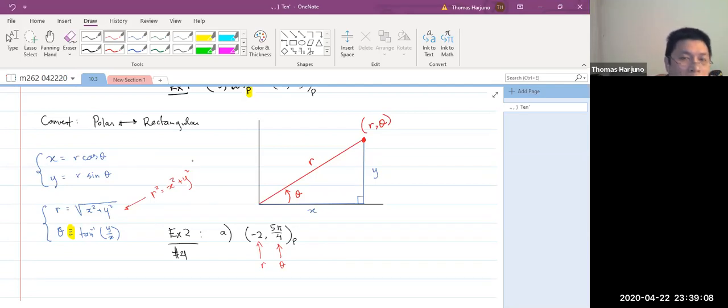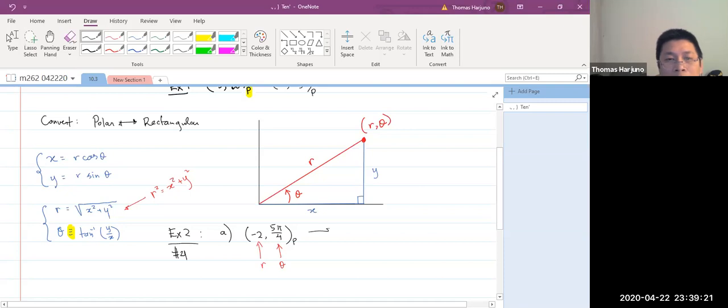But here they call it radius because it has something to do with circles, and at the same time they say that the radius may be negative, as you can see in this example here. Now, suppose I want to find the coordinate in the rectangular coordinate system. The x will be r cosine theta.